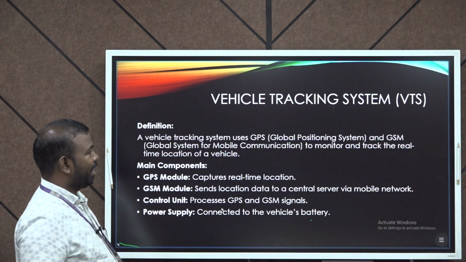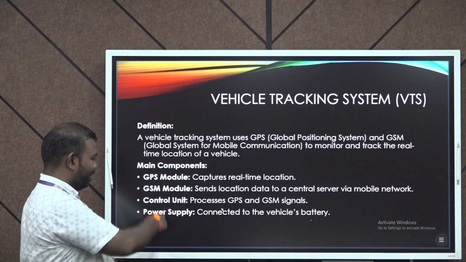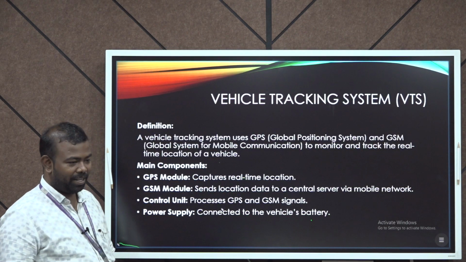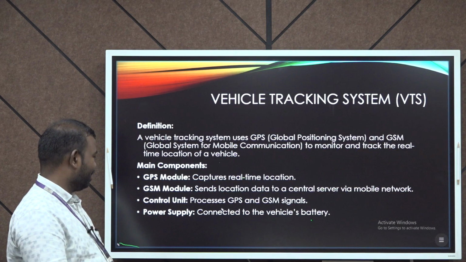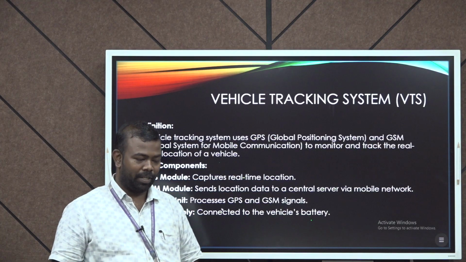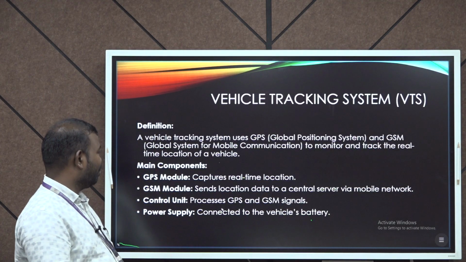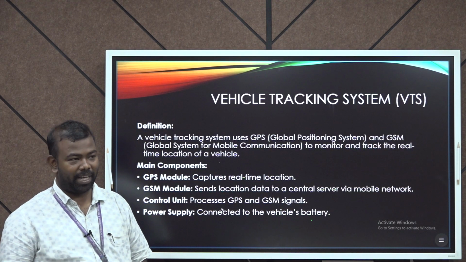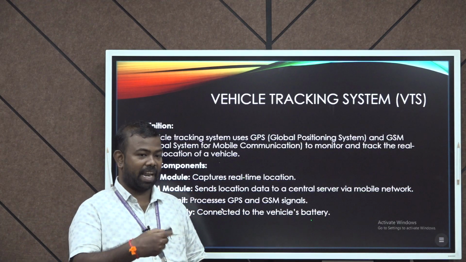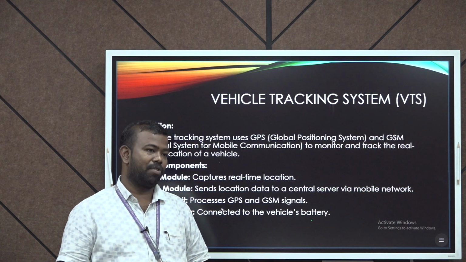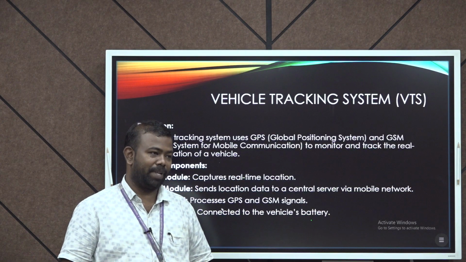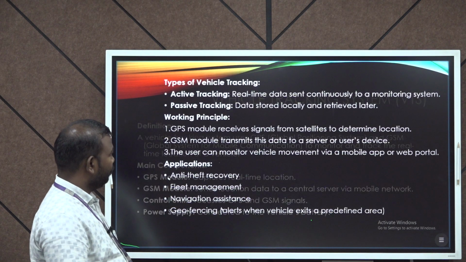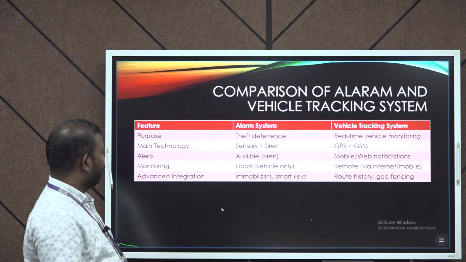This kind of vehicle tracking system has a GPS module, a GSM adaptive control and control unit, and a power supply unit. From that we are able to locate our vehicle, where it traveled and when it traveled. We are able to get the data for past travel experience also, right.